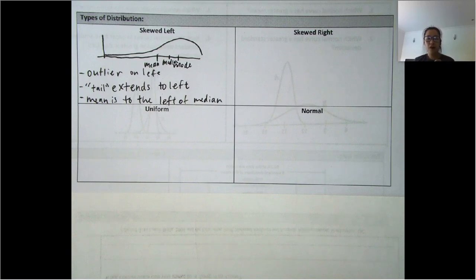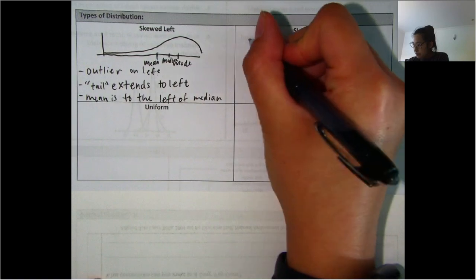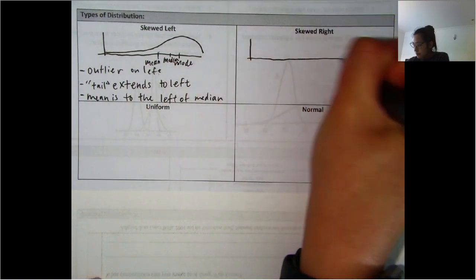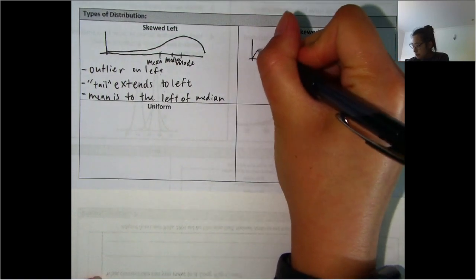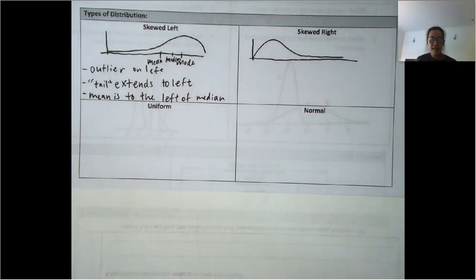And then when you're skewed right, so going the other way, all of these will be basically backwards. So like I said earlier, your tail is going to be to the right now, and then your outlier is going to be to the right now, and then again, your mean is going to be to the right of the median this time.